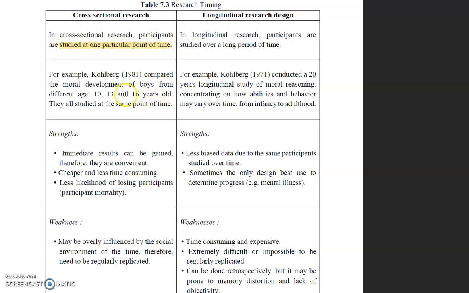We have an example here to compare the moral development of boys from different ages, 10, 13 and 16 years old. They are all studied at the same point of time. Say, for example, this is collected at one point of time, one day.